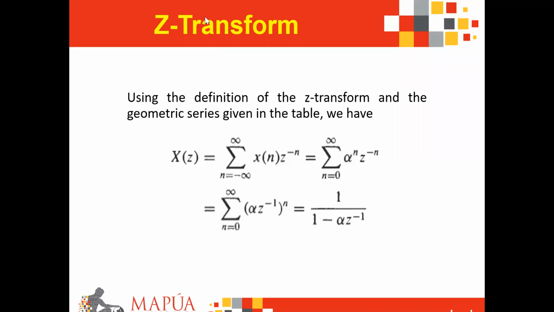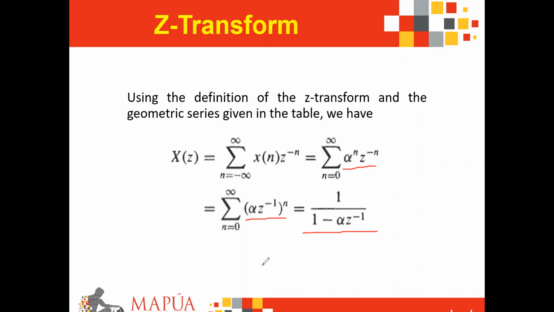Okay. O if you use the table, pag ginamit mo raw yung table, mas madali. Kasi according to the table, if your alpha n is raised to z raised to negative n, basically like this, ito na raw yung automatic Z transform niya. Okay?